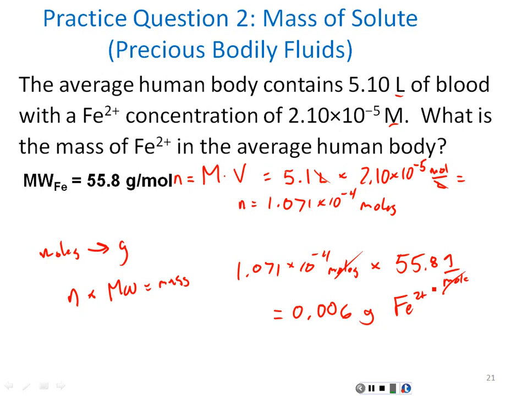And if you wanted to express this in milligrams, that would be 6 milligrams. All right, not a very large amount. But remember, there's also iron 3 plus, and most of the iron in your body is actually in that oxidation state.